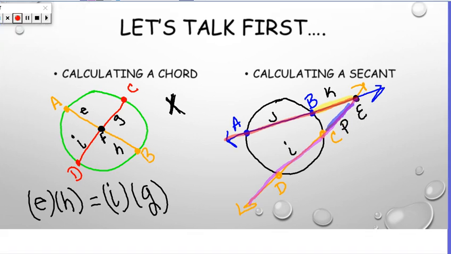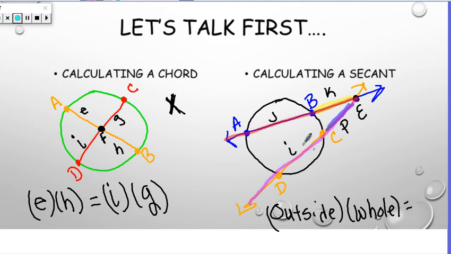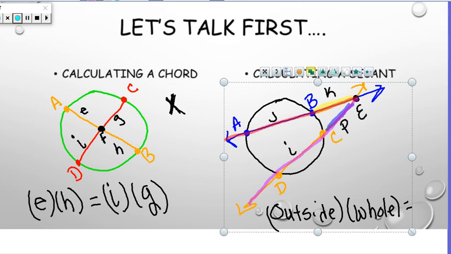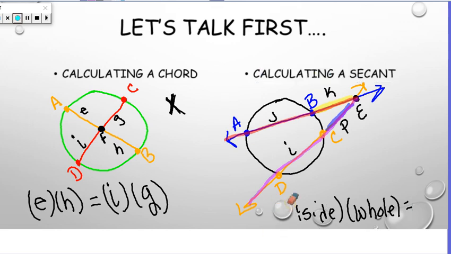So the rule here tells you to do outside multiplied by the whole. And that should equal the outside multiplied by the whole of the other side. Let me move this over.